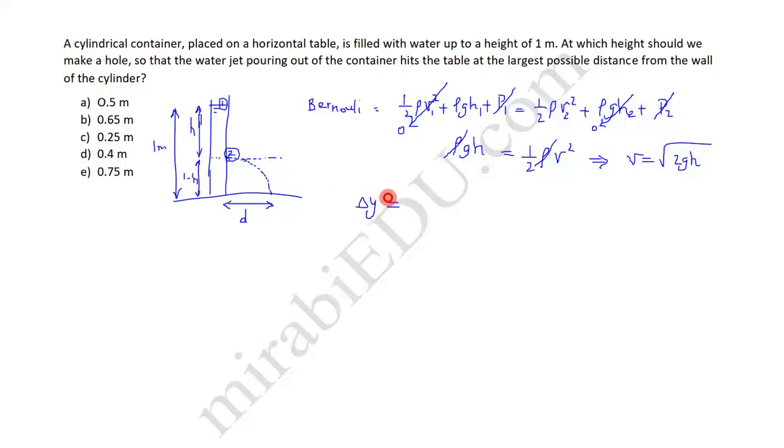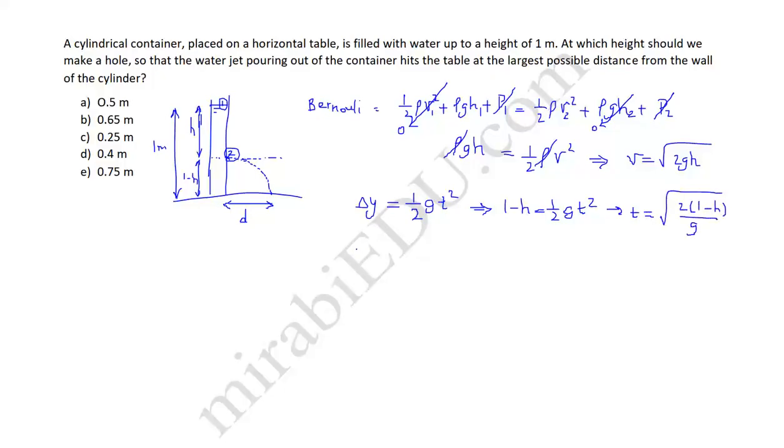In the vertical direction we have delta y equal to half g t squared, because the initial speed in the y direction is 0. Instead of delta y, I put 1 minus h. So the traveling time is the radical of 2 times 1 minus h over g.